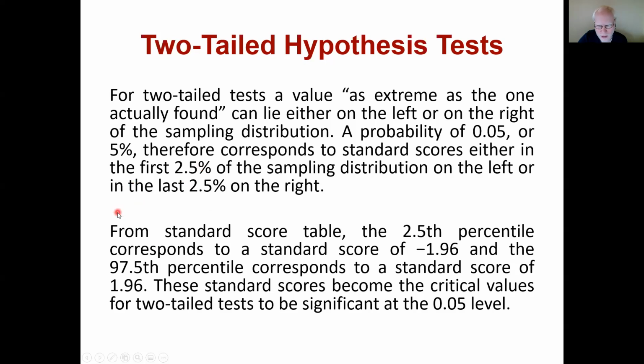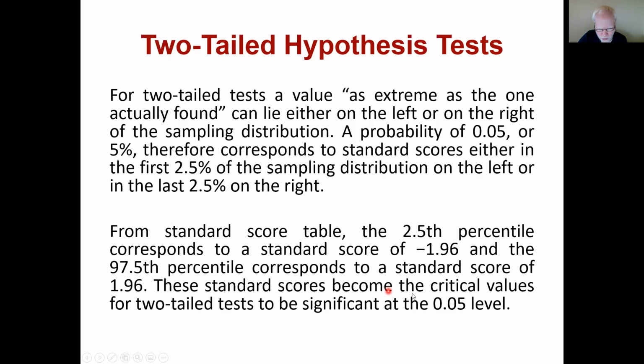From the standard score table, the 2.5th percentile corresponds to a standard score of negative 1.96, and the 97.5th percentile corresponds to a standard score of 1.96. So 97.5, because that means that 97.5% would be smaller than it, which means 2.5% would be larger than it. Because remember, the standard score table is always saying less than. So if you want to do greater than, you've got to do 1 minus.